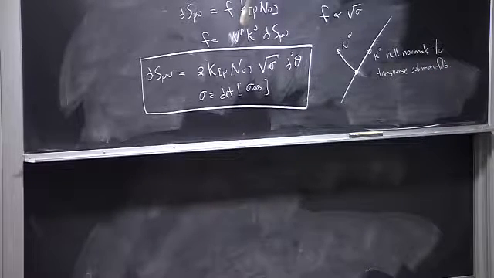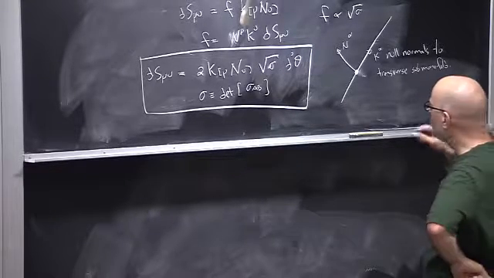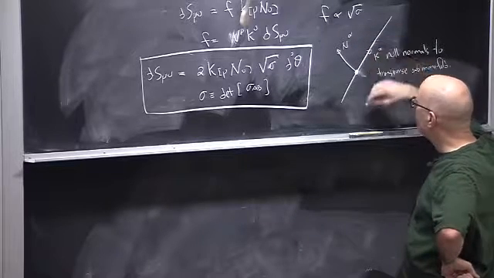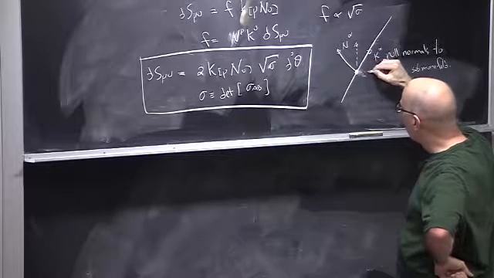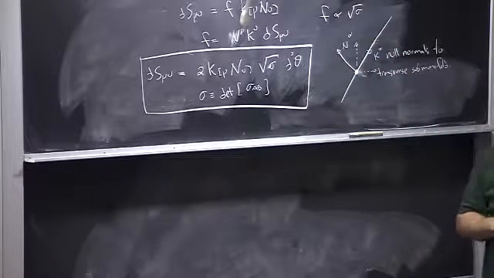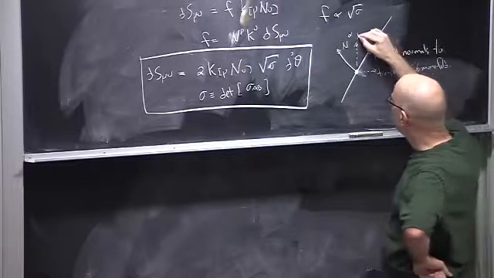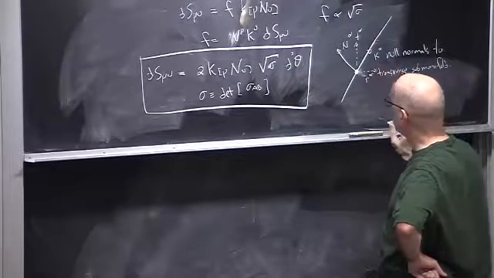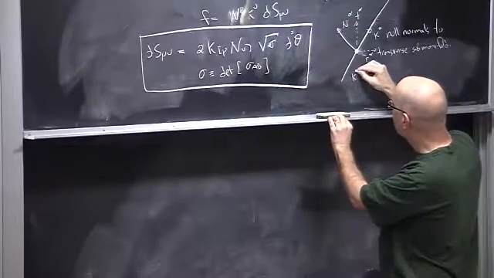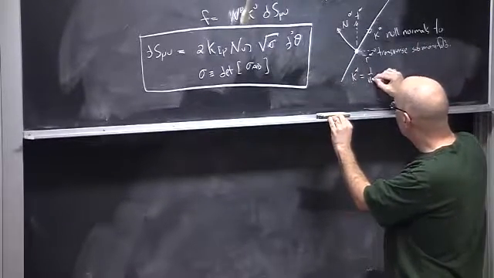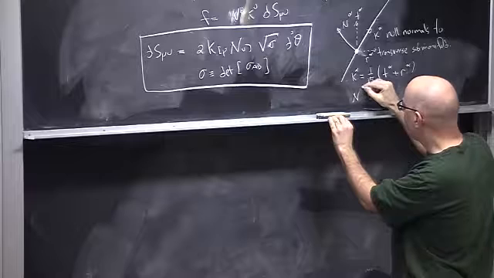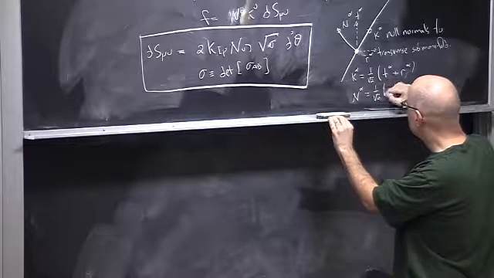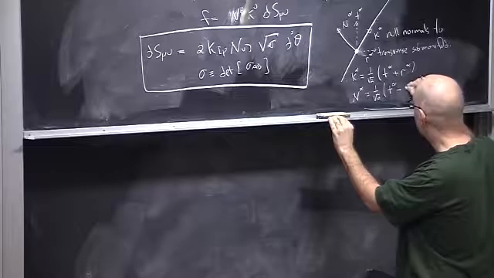You can certainly, if you want, decide not to use those null normals. Instead of decomposing in terms of null directions, I could be decomposing in terms of a time-like normal and another space-like normal. So if I call this one T alpha, and this one R alpha, I can say that K alpha is going to be 1 over the square root of 2 times T alpha plus R alpha. And N alpha is going to be 1 over root 2 times T alpha minus R alpha.